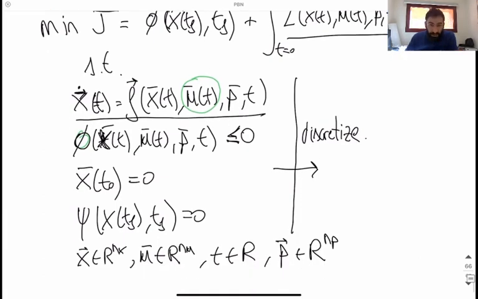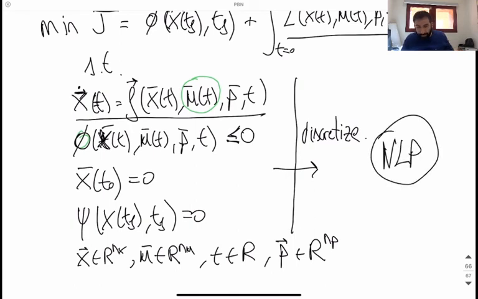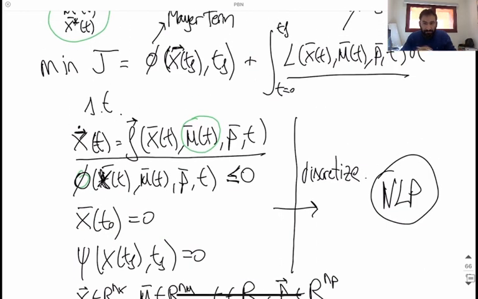The inequality and equality constraints are straightforward, and I can transform this optimal control problem into an NLP problem, a nonlinear optimization problem in which I minimize some objective function in a discrete fashion, using summations, subject to a set of constraints. And I can apply KKT conditions, first order conditions to find candidates for the optimal, and then check second derivative information, Hessian information, to see whether there is a minimum or a maximum.